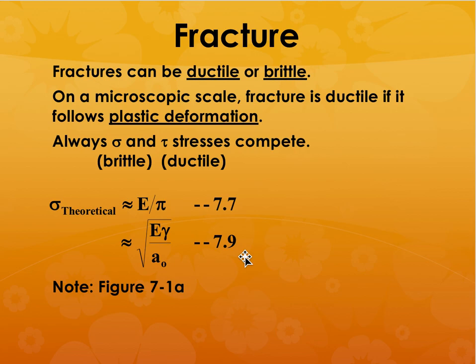So if you look at the failure surface of a sample, say aluminum, where there has been a lot of necking that has taken place in the sample that broke, what would you call the failure there? It is clearly a ductile failure.